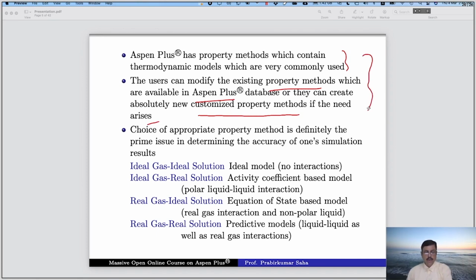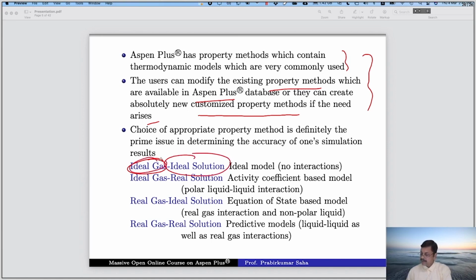Now, the choice of appropriate property method is definitely the prime issue in determining the accuracy of one's simulation results. As I said, there can be various combinations of vapor phase and liquid phase. It may be ideal gas with ideal liquid solution.